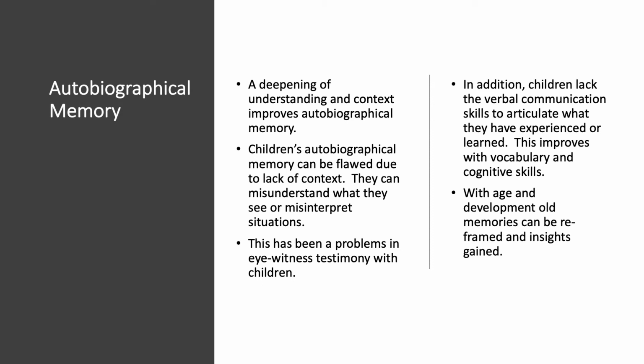Now, when they start to develop verbal skills, this gives objects in the environment, situations, and things like that, symbols, and improves their ability to store information in a schematic network. So you get actually labels for things.